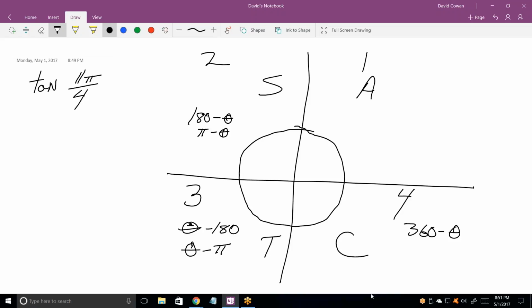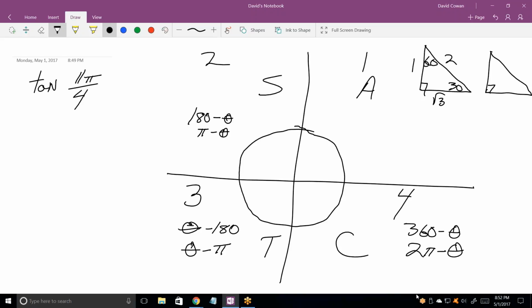And what this formula that I'm writing does is translates your angle to what's called the reference angle, which is basically the equivalent first quadrant angle. In other words, if you know your two triangles, those two triangles give you all of your first quadrant answers. Notice that I can get my 30 and 60 degree from that triangle, and I can get my 45 degrees from this triangle.